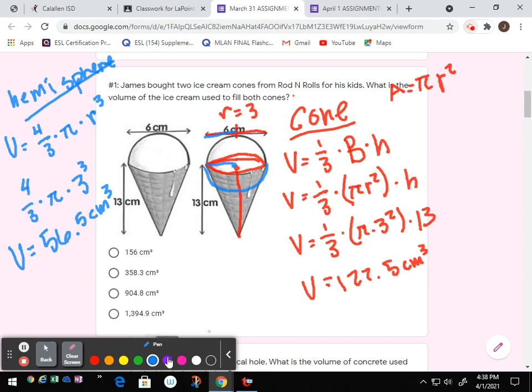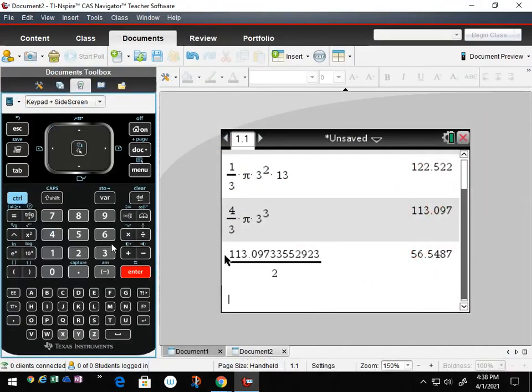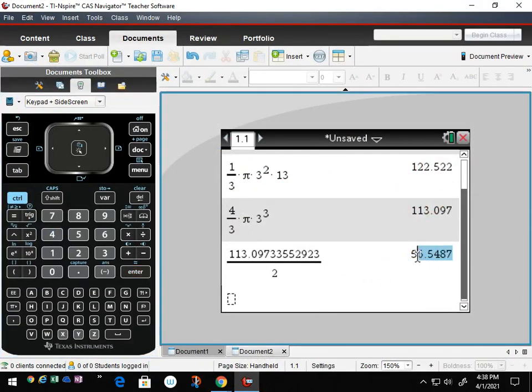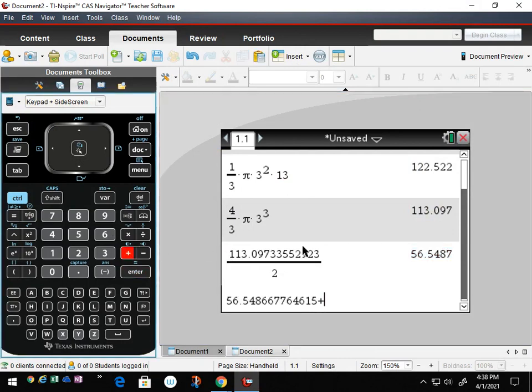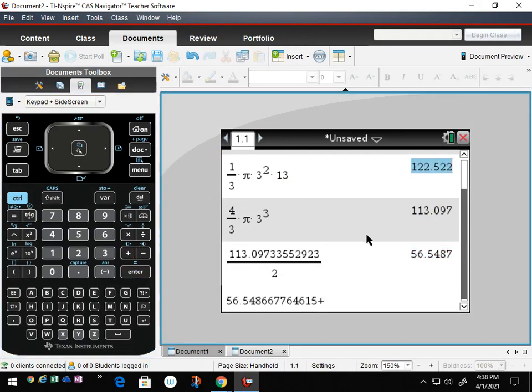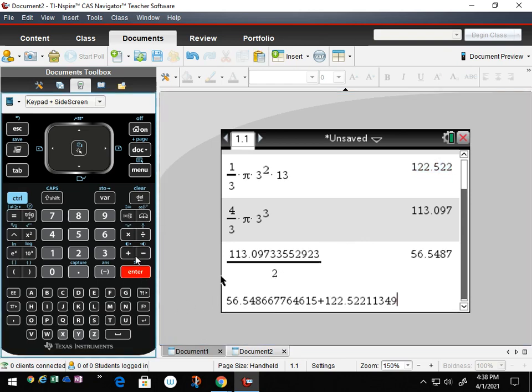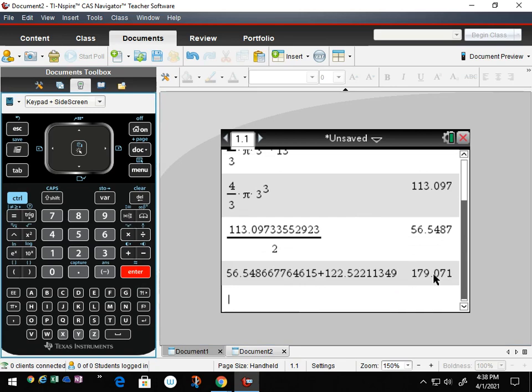And now we need to add the 2 up. So we have 122.5 plus 56.5. When we add this number plus this number, we get 179.071.